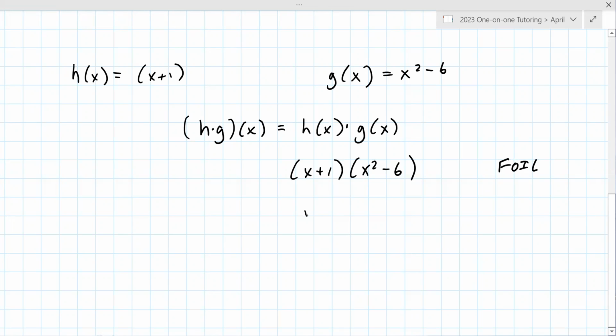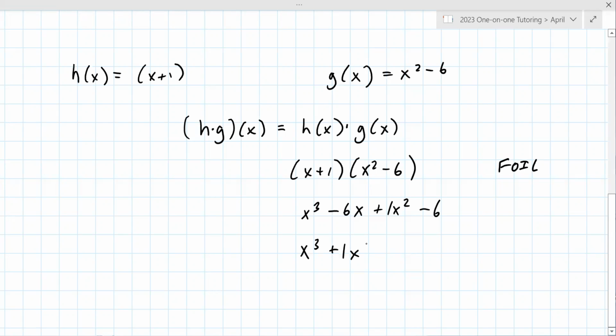First times first, that's x cubed, outside is minus 6x, inside is 1x squared, the last is minus 6. Now we cannot combine any like terms, but let me rewrite it here.